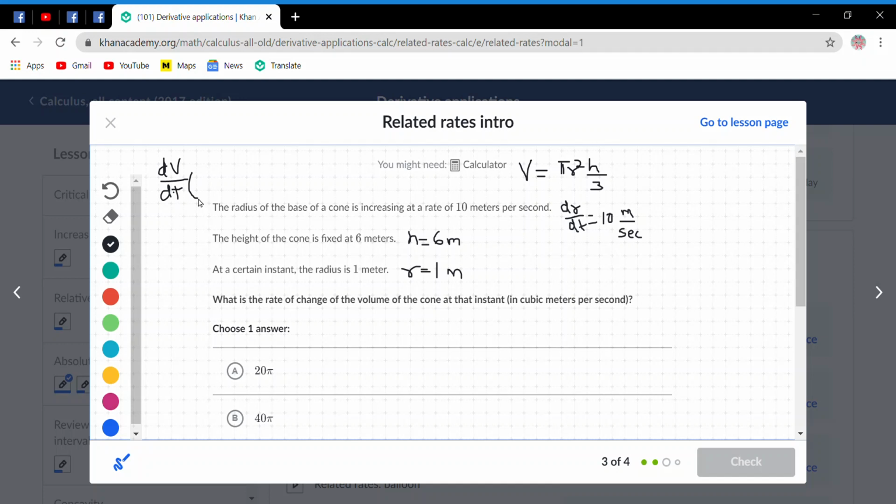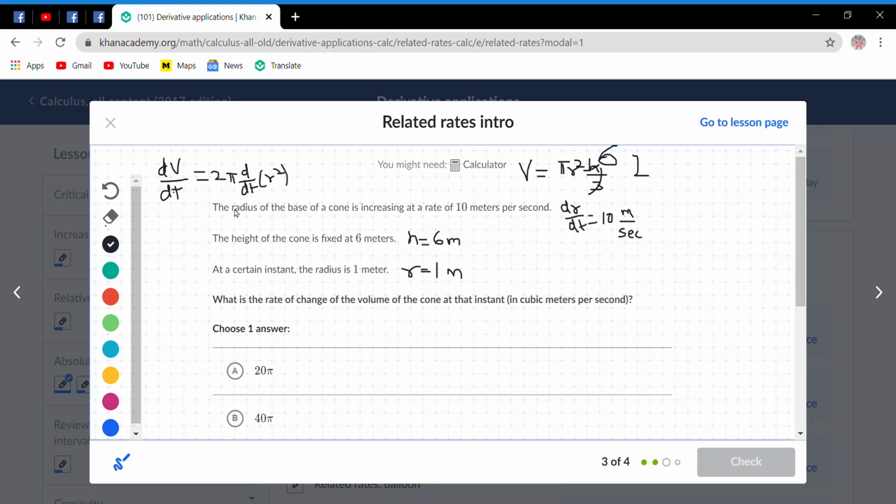Let's take out the simple values. We know that h is 6, so this 6 over 3 becomes 2, so it becomes 2 pi r squared. So this is equal to 2 pi times the derivative with respect to time of r squared.